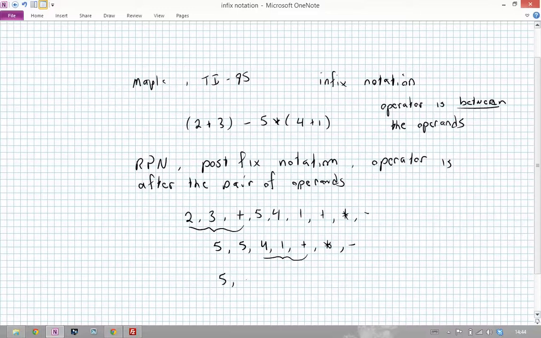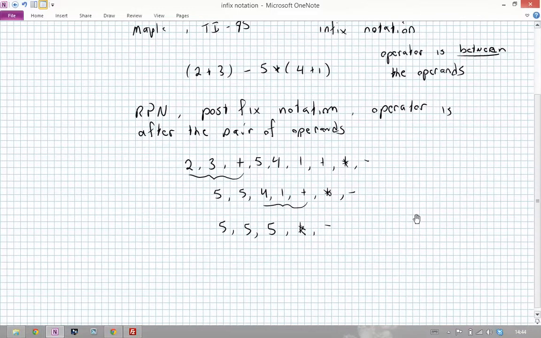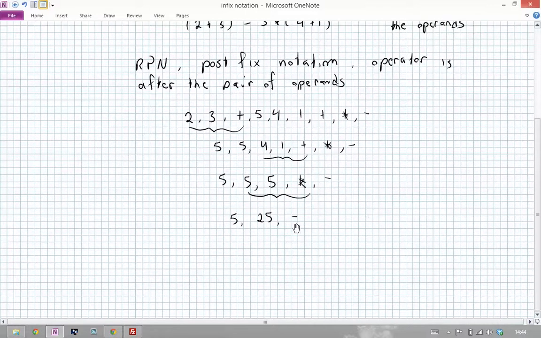So that's 5, comma, 5, comma, is that another 5? Yep, comma, minus, like that. And then go to the next operator. And then the last one. 5 minus 25, is that right? Weird, but systematic.